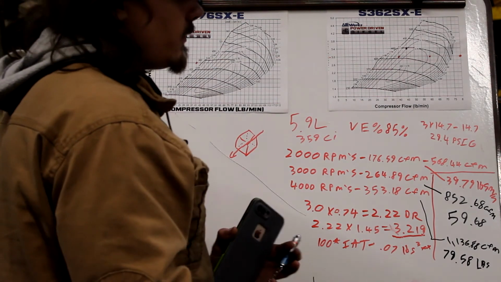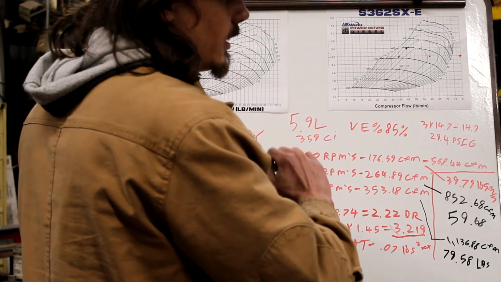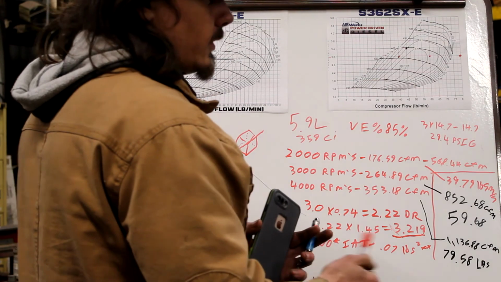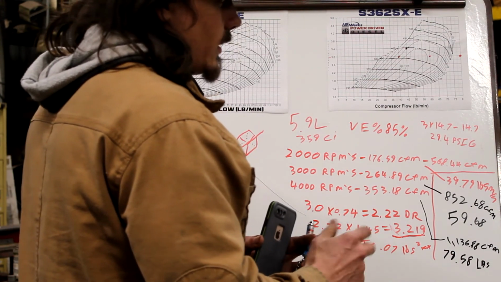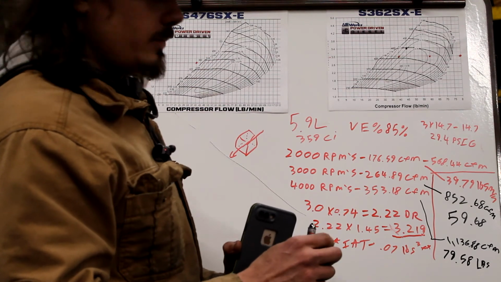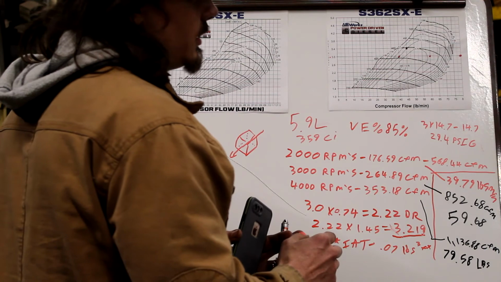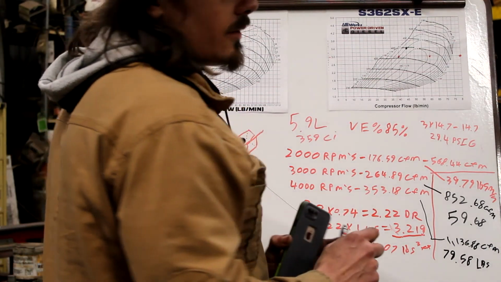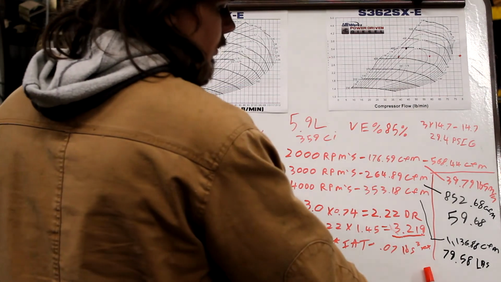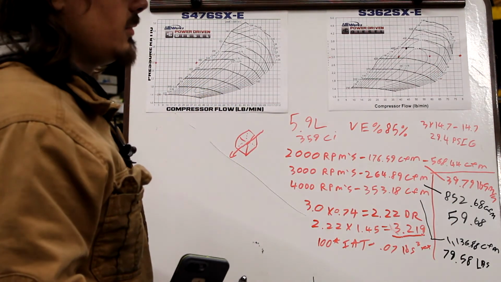So if in fact we have 85% VE, if in fact we're at sea level and our atmospheric pressure is 14.7 and our pressure gauge is accurate, 30 pounds boost, 29.4 PSI gauge, and temps after the intercooler are 100 degrees, then the engine is in fact consuming 60 pounds a minute.